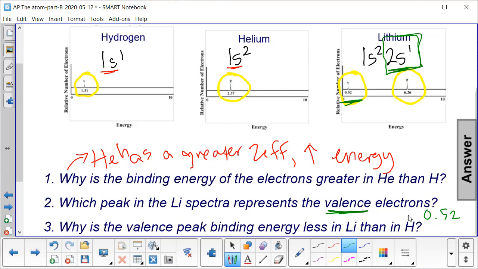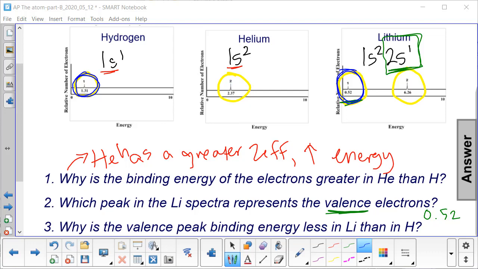Number 3, why is the valence peak binding energy less in lithium than in hydrogen? So it's asking us to compare. Why is this outer electron binding energy of 0.52 less than the binding energy for the outer electron in hydrogen, which is so much greater at 1.31? Okay, so why would we expect that?